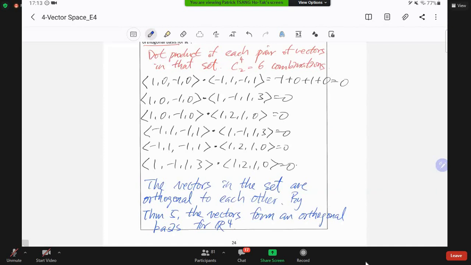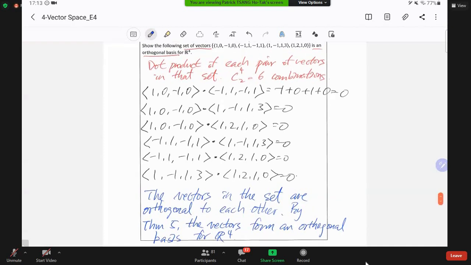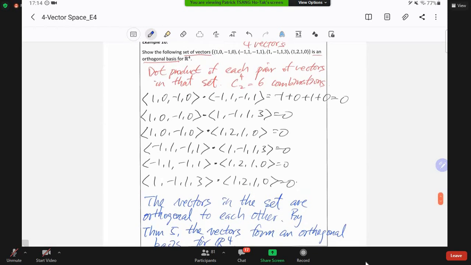Suppose you are given an orthogonal basis. Based on the question, it is nice to tell you the given set is an orthogonal basis. We know that every vector should be able to be expressed in terms of the vectors in that basis.